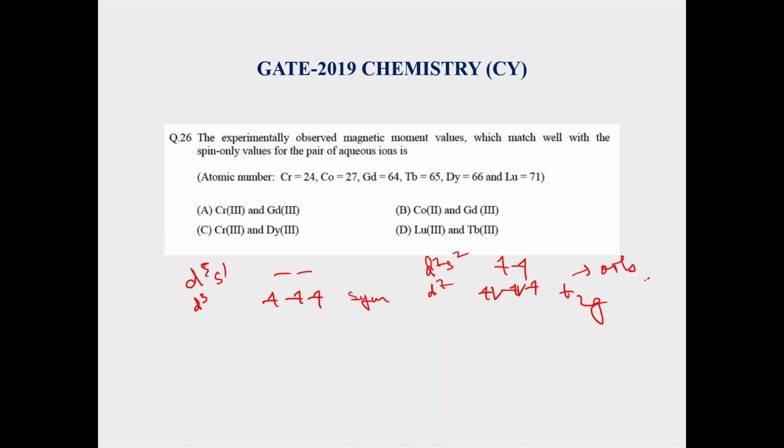Ma'am, another confusion: in d7 it is not mentioned whether it is high spin or low spin. Even if it is high spin or low spin, it will be the same. In high spin, t2g has three electrons and is symmetrical, but eg will not be symmetric, so the contribution arises from the eg orbital.